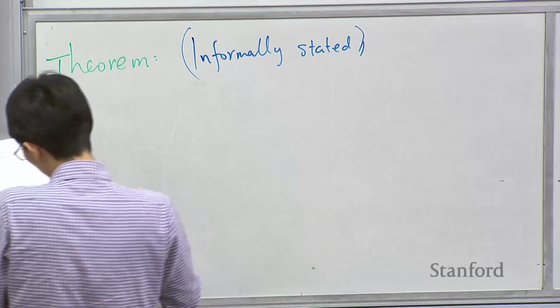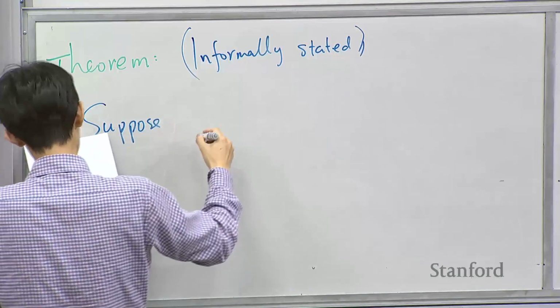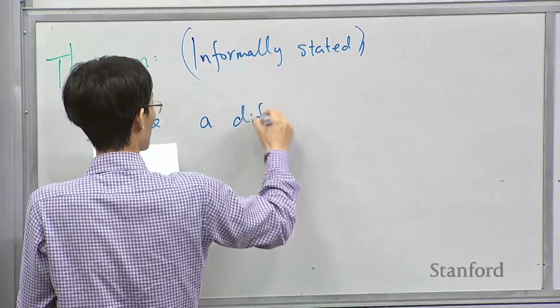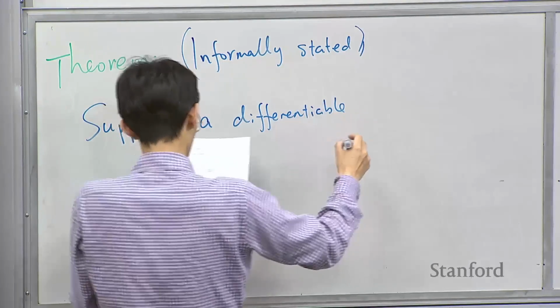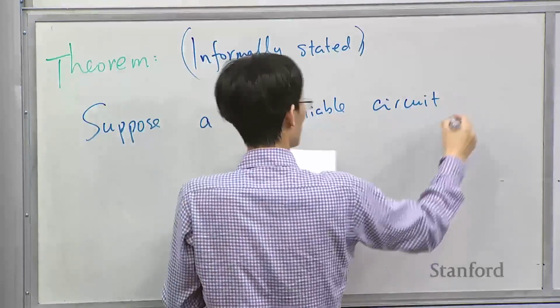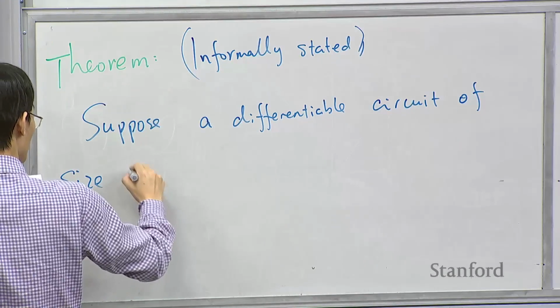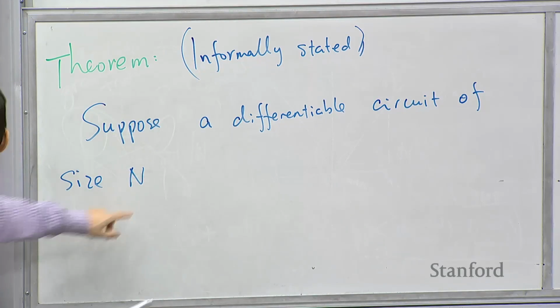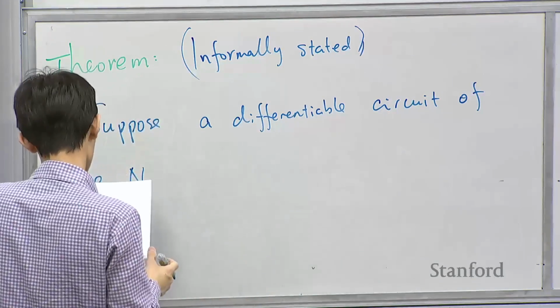So the claim is that suppose you have a differentiable circuit of size n. N means how many basic operations you are using. The size means the number of basic operations.